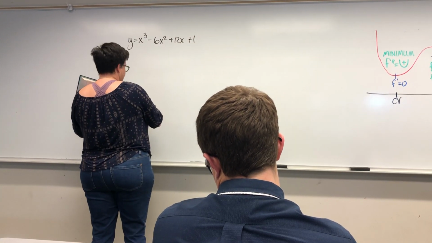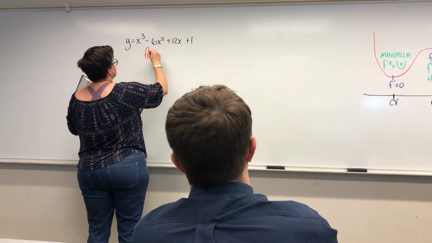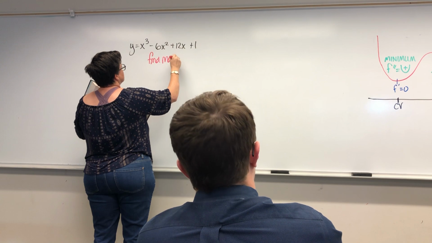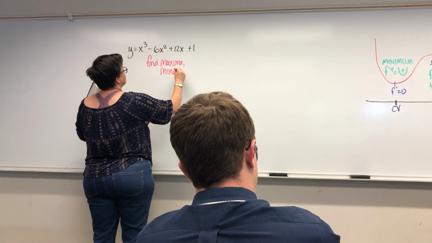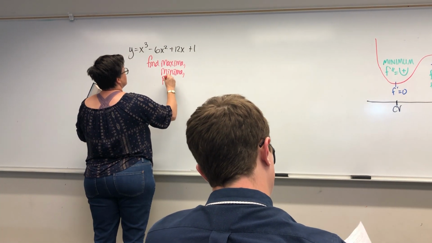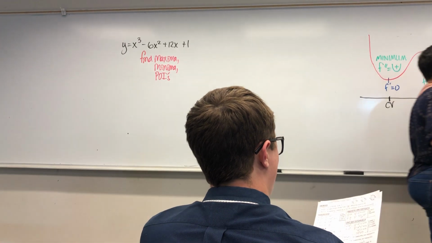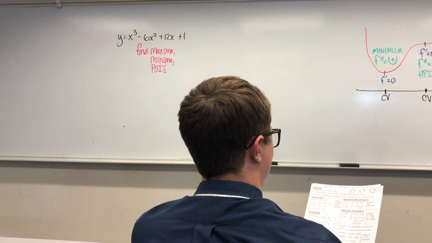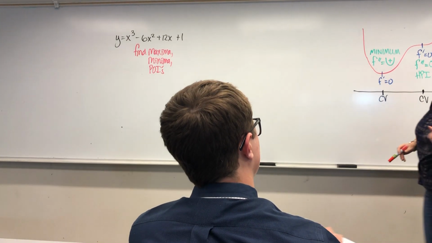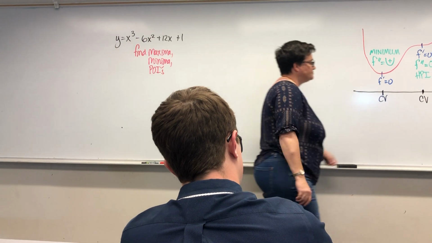And I want you guys to find maxima, minima, and points of inflection, if they exist. So remember, f prime shows where those critical values are. So let's take the first derivative.